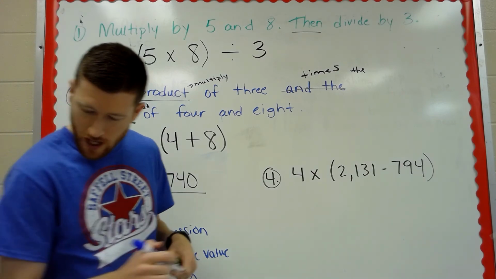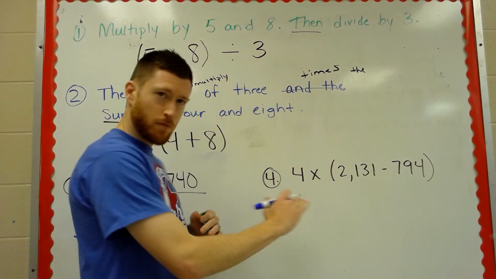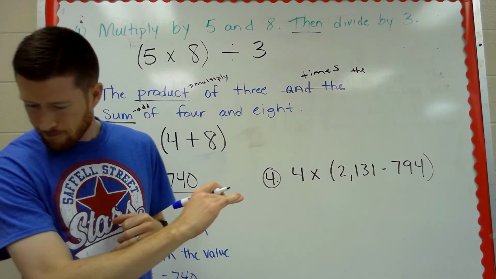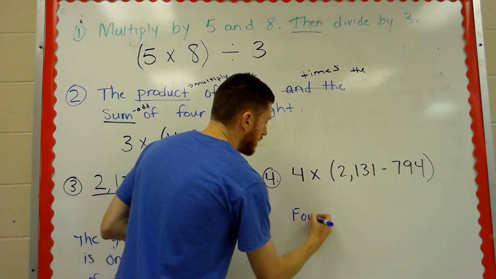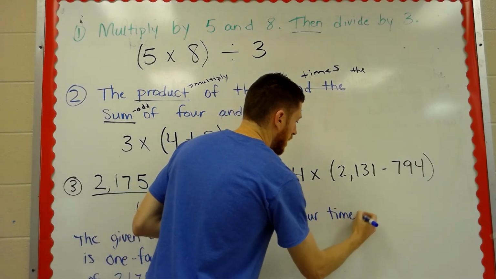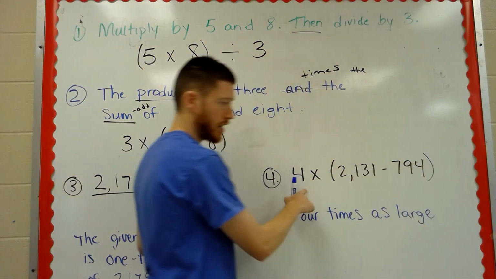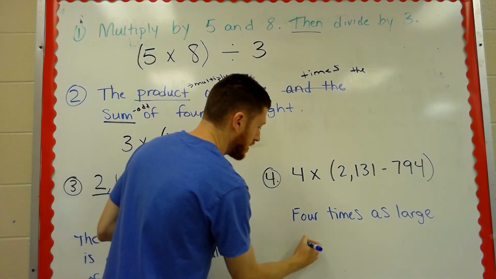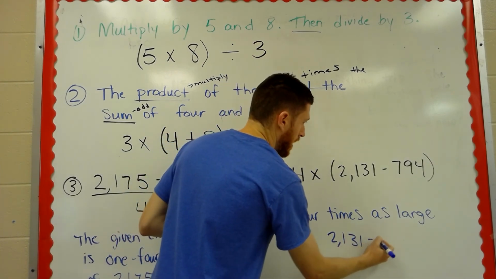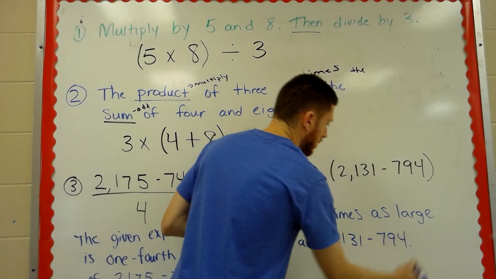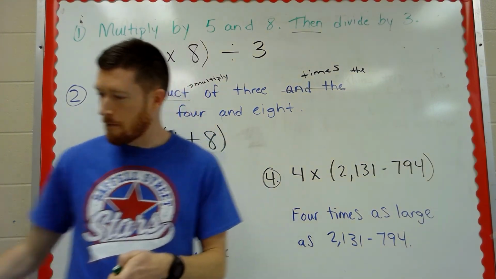Instead of saying the given expression is, we'll save time on that, and just put 4 times as large, because it's multiplying at the beginning here. 4 times as large as 2,131 minus 794. Okay? All right, so you're just picking the words that match the math problem, the numerical expression.